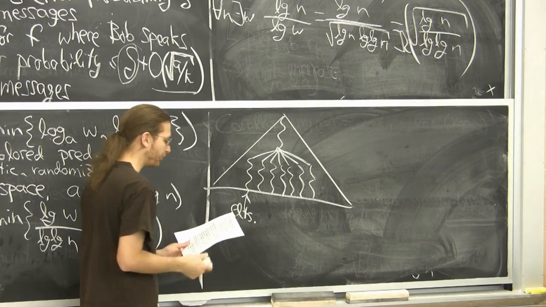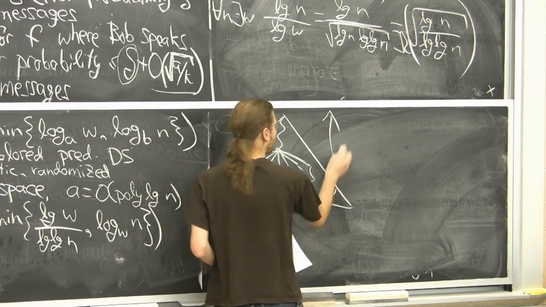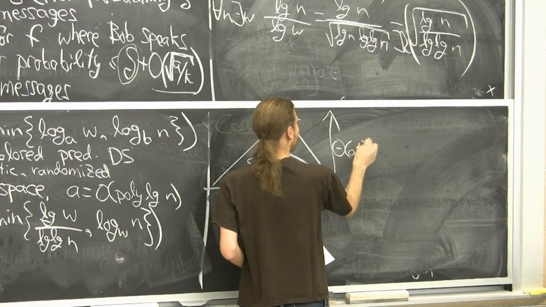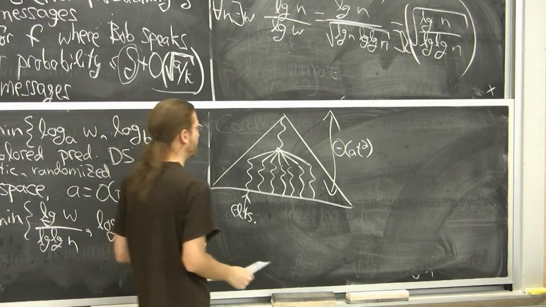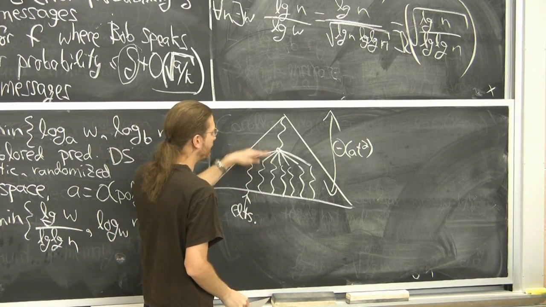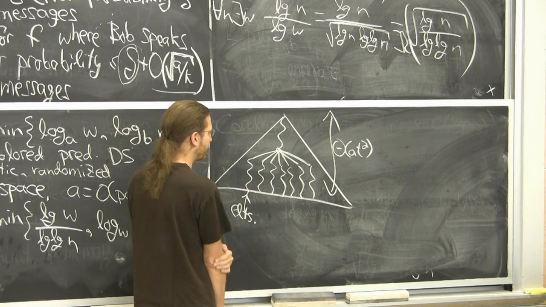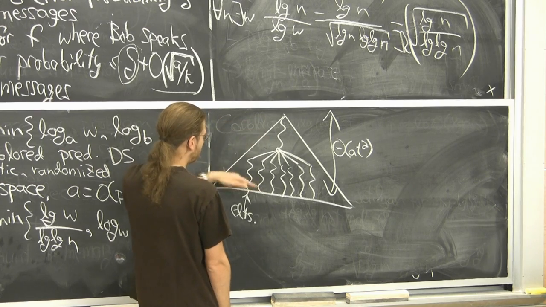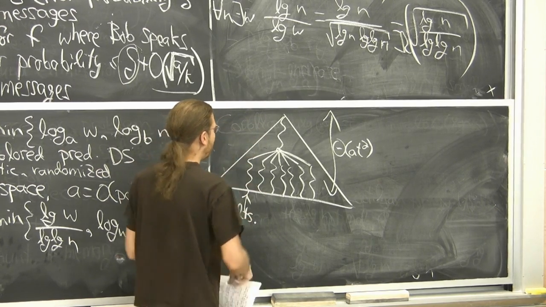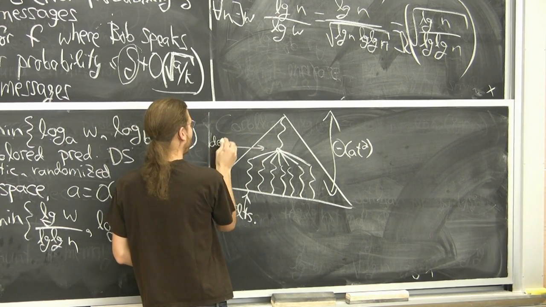I drew it with some branching factor so that the height of this tree is theta of t squared. So I set the base of my representation so that you branch w divided by t squared. Here, that's my branching factor. So cool, that's my picture. And this is depth i.